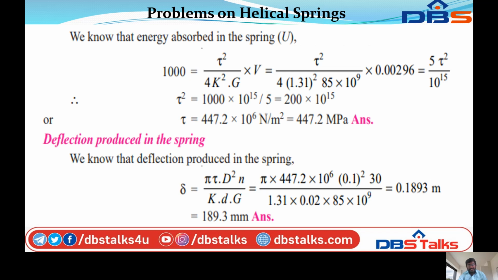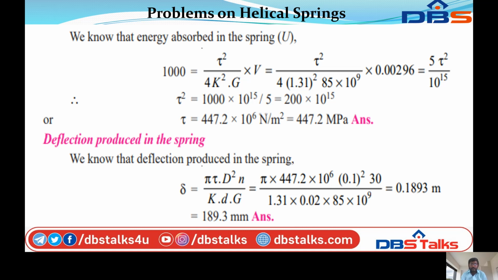We know the energy absorbed in the spring, U is equal to tau square by 4K square into G into V. Substituting the values, V is already known, so we can calculate the maximum shear stress tau. Substituting the values, U is 1000, which is equal to tau square by 4 into 1.131 whole square into G 85 into 10 power 9 into V 0.00296.